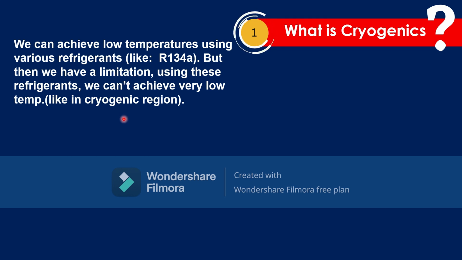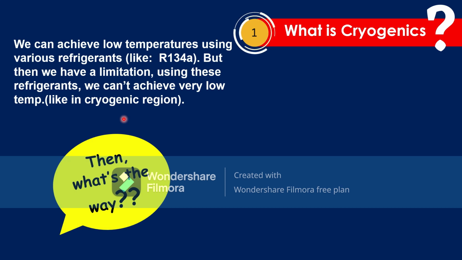We can't achieve such low temperatures, that is minus 153 degrees Celsius, which is the maximum permissible temperature in the cryogenic range. We cannot achieve that using these refrigerants. So that is why we need cryogenic technology.